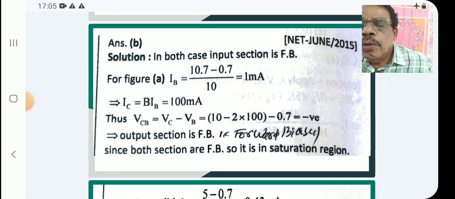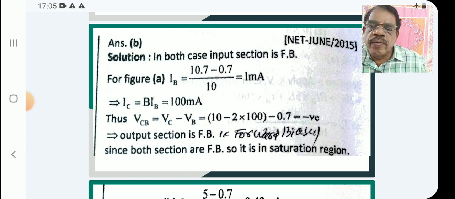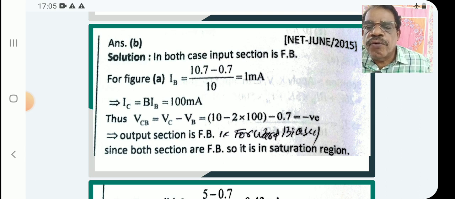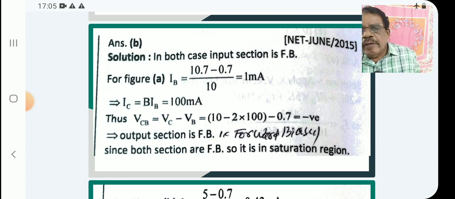Therefore VCB, that is VC minus VB, that is 10 minus 2 into 100 minus 0.7, we get a negative value. Output is forward biased. Since both sections are forward biased, it is in the saturation region.